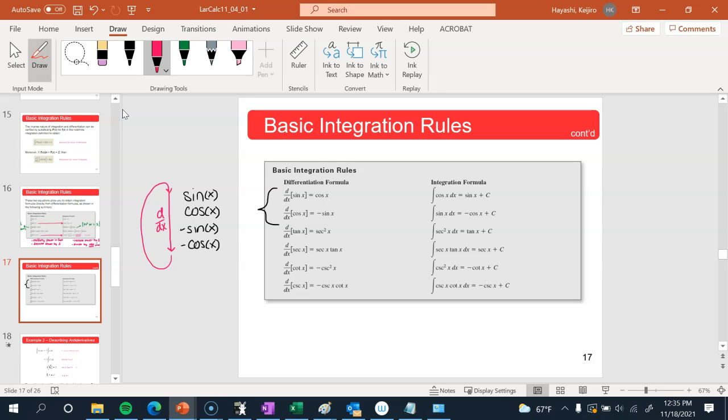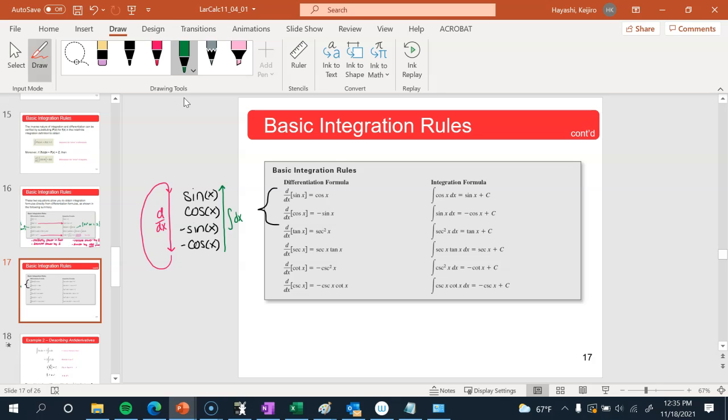Again, you can actually just take this same thing and reason it in the other direction. If the derivatives are going this way, the integrals, which I'm going to denote with a long s and a little dx there, should go the other way. And as a matter of fact, they do. The integral of cosine, you go in the opposite direction, you go up.